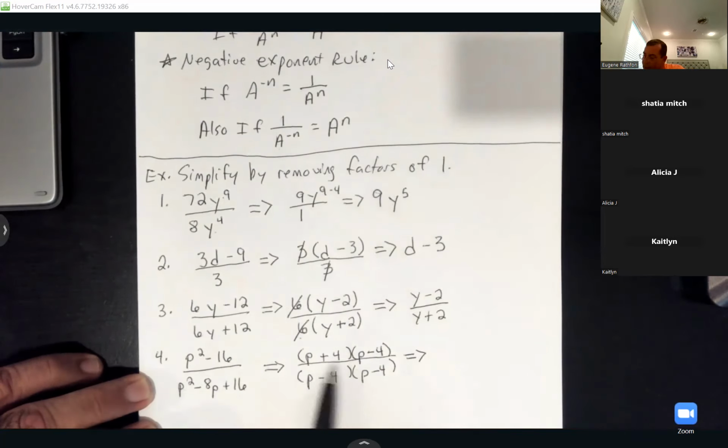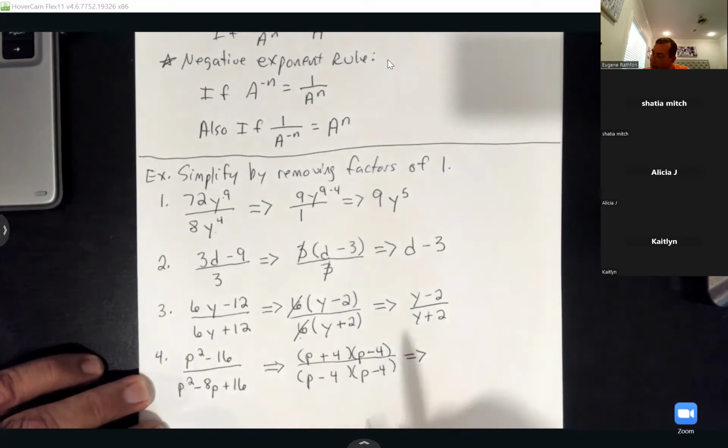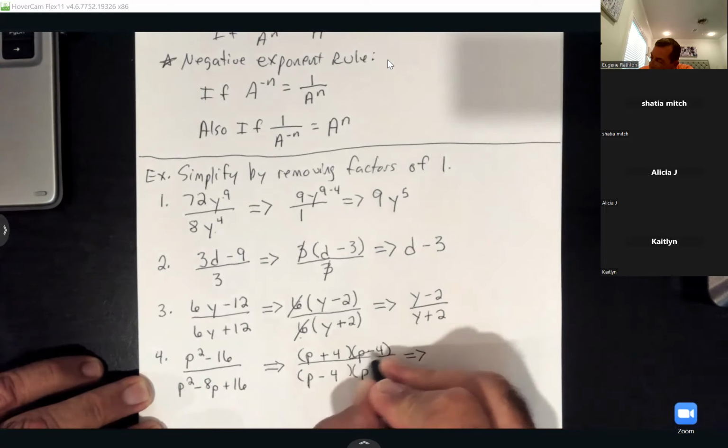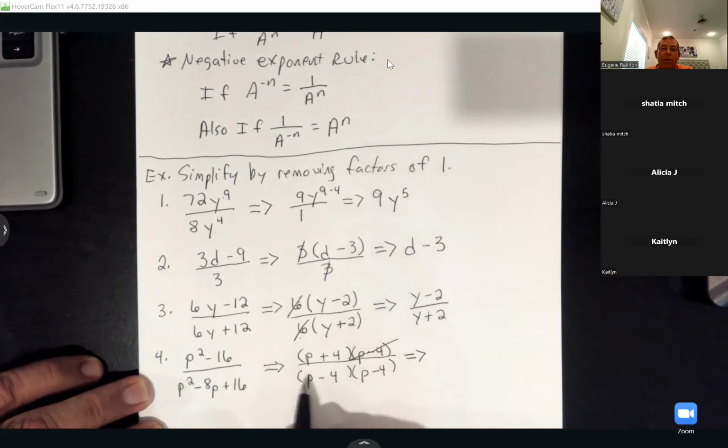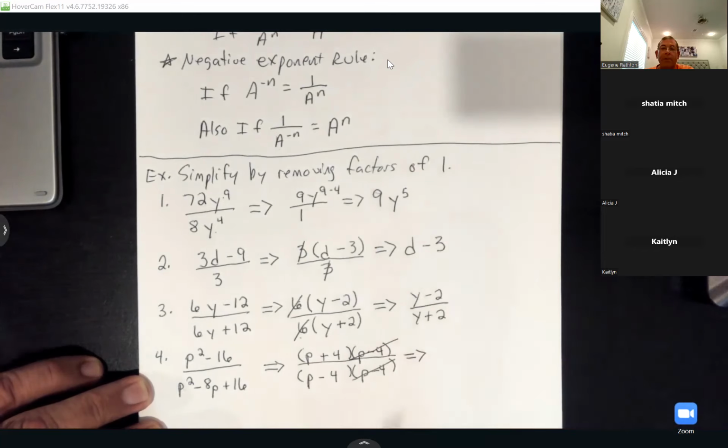Now, if you notice, I got a p minus 4 on top, and I got two p minus 4s on the bottom. This one p minus 4 can only cancel with one of these p minus 4s. So I'm just going to cancel the one that's right under it. So these p minus 4s cancel out. So look what's left.